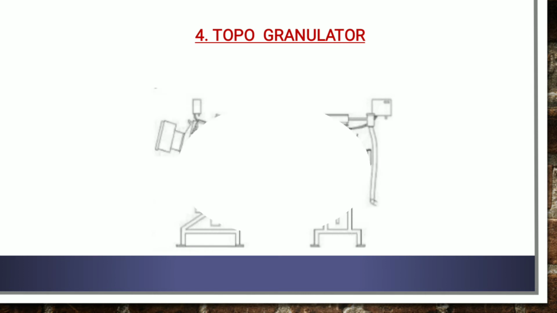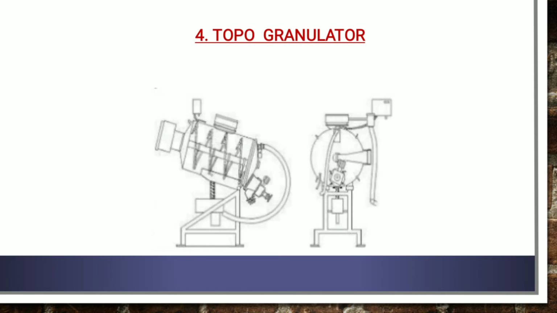So this is the diagrammatic representation of the Topo granulator. This Topo granulator was developed in Australia for the preparation of granules and coating materials under high vacuum. The material is placed in a chamber which must be dust free. The compartment is located as you can see in the diagram and is loaded by vacuum, granulating fluid or additional product.